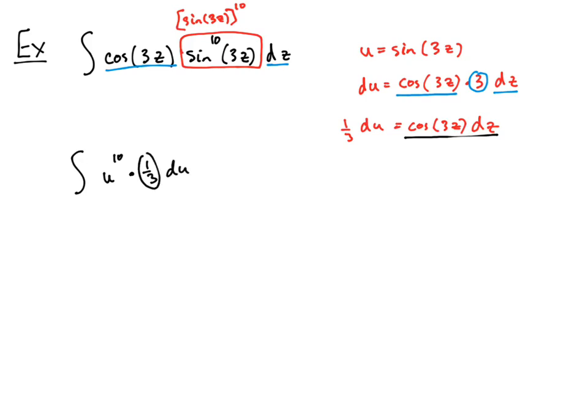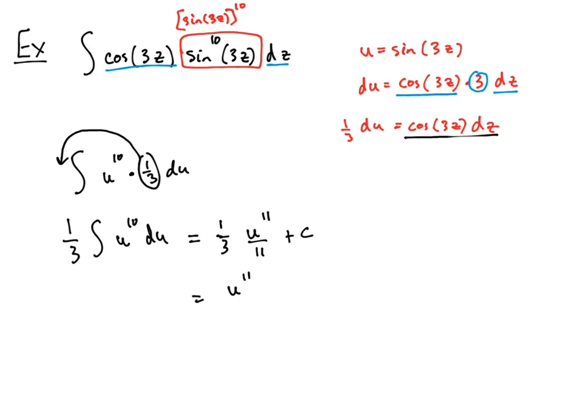And we have a constant like this. It's good practice to take it out of the integral. So 1/3 the integral of u to the 10th du. So applying the power rule, we're going to have 1/3 u to the 11th over 11 plus c. So this will be u to the 11th over 33 plus c.